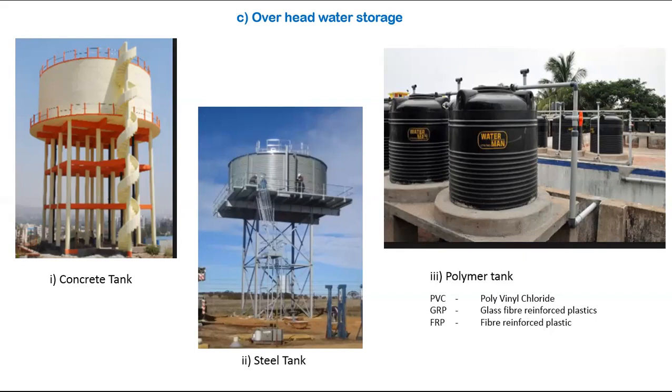So that's why we use GRP material. In both summer season and cold season, the water temperature will not change because of climatic change. So always normal temperature will come. That's why we are using GRP material for abnormal temperature change.